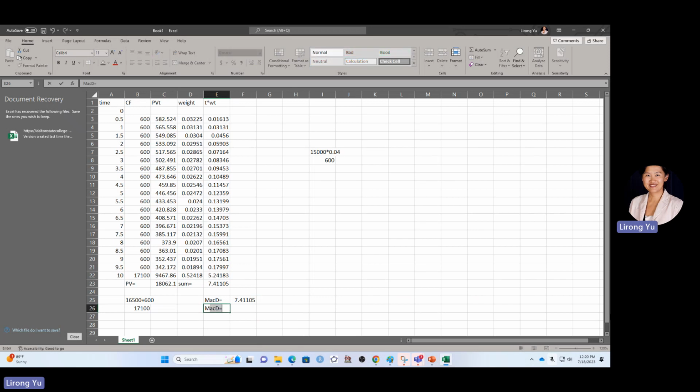And to find the modified duration, you take it divided by one plus the interest rate, so it's equal to what's in F25 divided by 1.03 that we have earlier. So this is the modified duration.